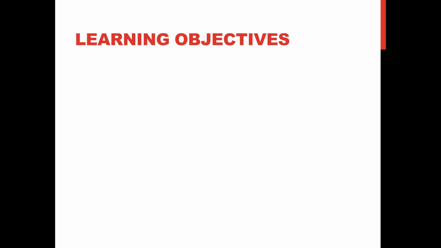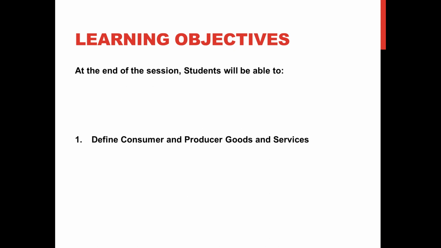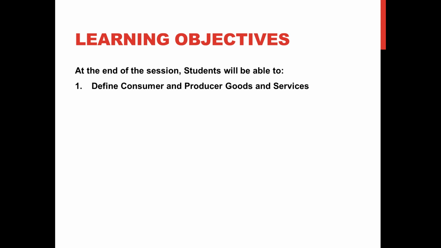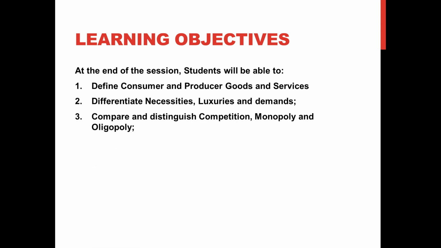So as for our learning objectives, after this subject, of course, we'll be able to define consumer and producer goods and services, and then differentiate necessities, luxuries, and demands, compare and distinguish competition, monopoly, and oligopoly.